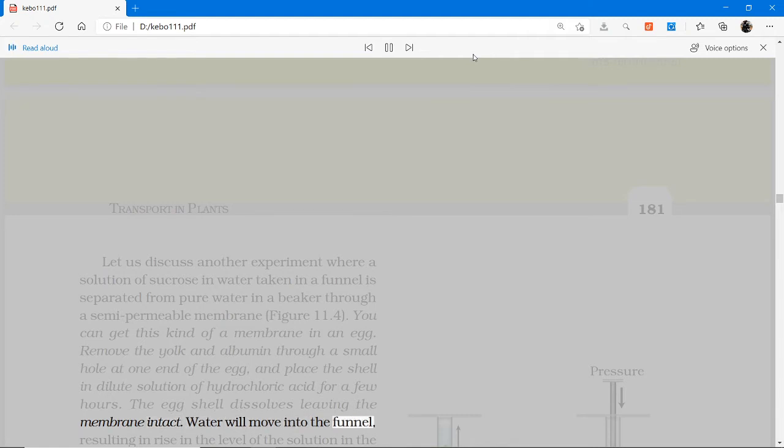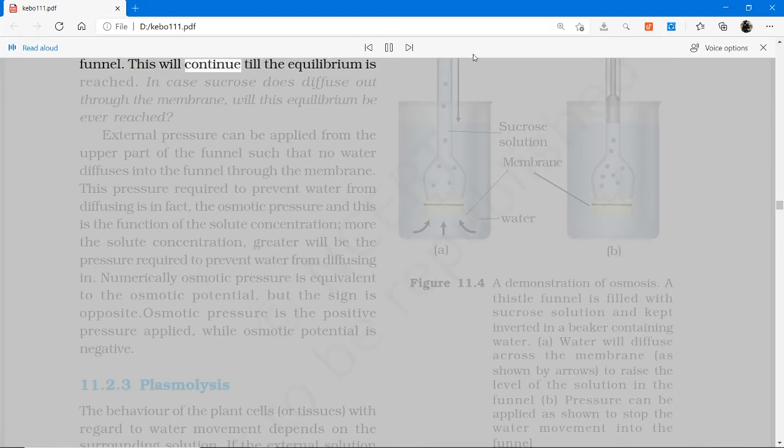Water will move into the funnel, resulting in rise in the level of the solution in the funnel. This will continue till the equilibrium is reached. In case sucrose does diffuse out through the membrane, will this equilibrium be ever reached? External pressure can be applied from the upper part of the funnel such that no water diffuses into the funnel through the membrane.